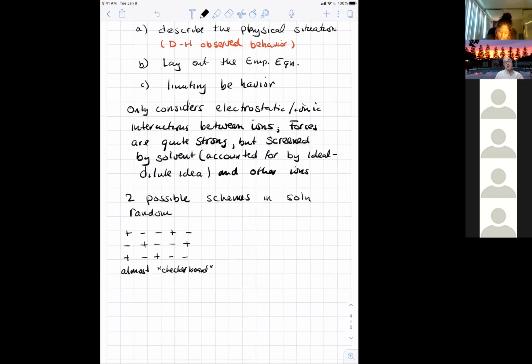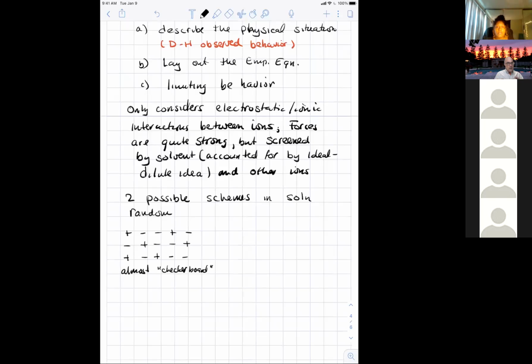Because you can imagine that balancing the randomness, right? A very simple idea for this is to imagine a chess or checkerboard, and you have some positive ions and some negative ions, and you put a positive ion or a negative ion on each checkerboard space just to model a bigger system. And every time you want to put one down, you flip a coin, right? If it's heads, you put a positive ion down. And if it's tails, you put a negative ion down, right? And you can do that all the way across.